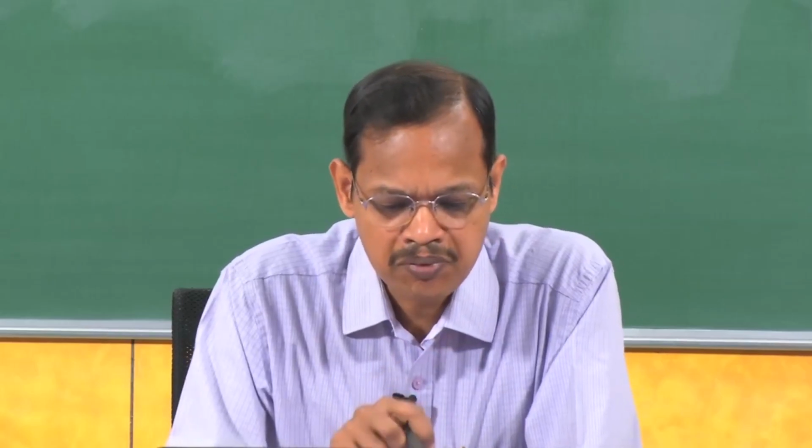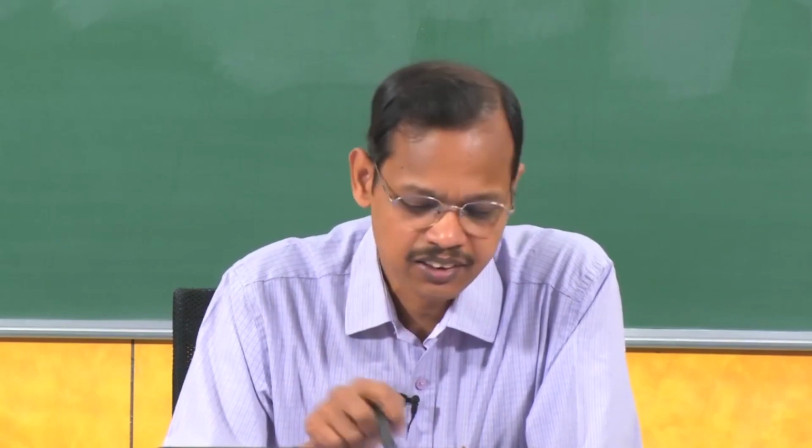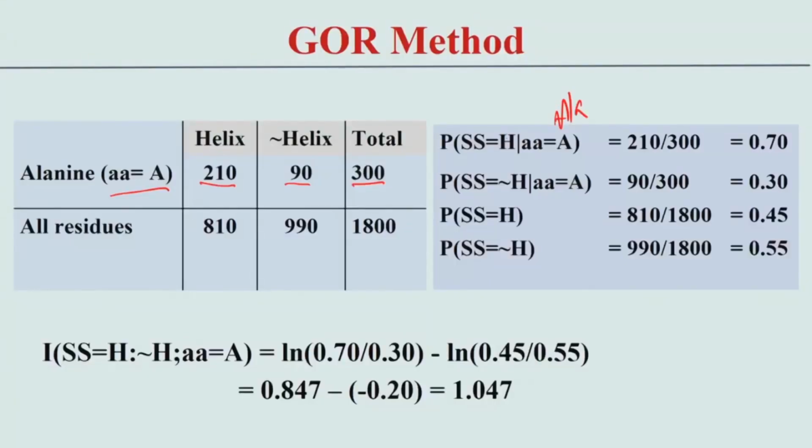For example, the probability of the residue alanine in helix. What is the probability? Totally how many residues? 300 alanines. We are talking about alanine. With 300 alanines, how many alanines are in helix? 210.